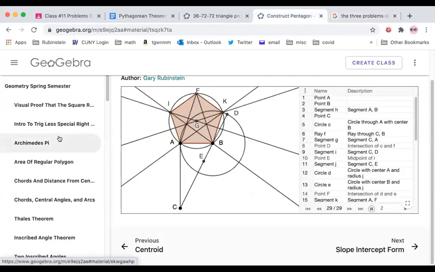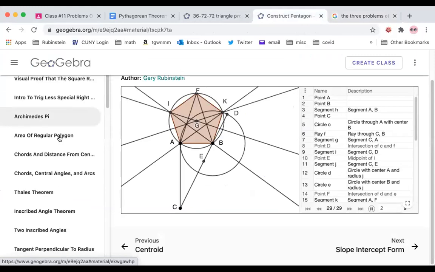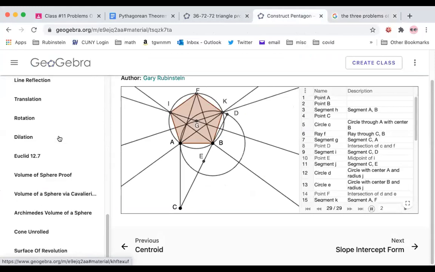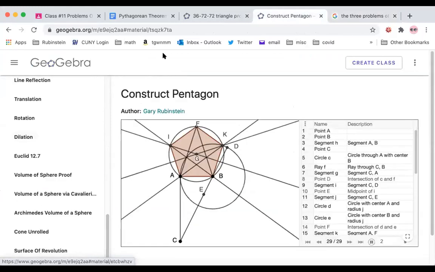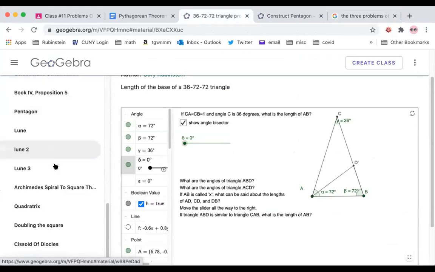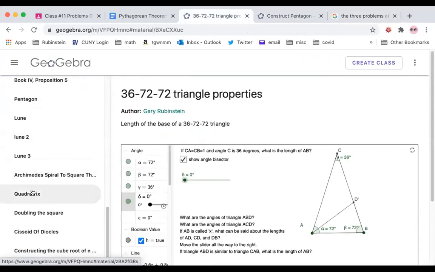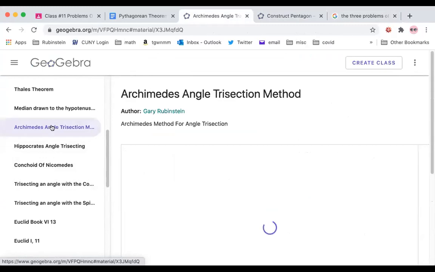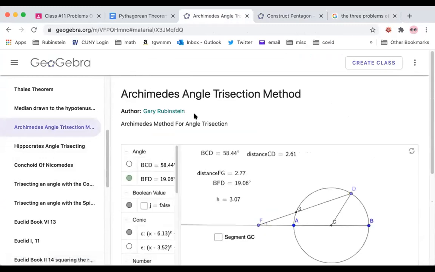Hold on a second. Archimedes, where is it? Oh, that's the wrong one. Trisecting an angle. There it is. And you have access to this page.